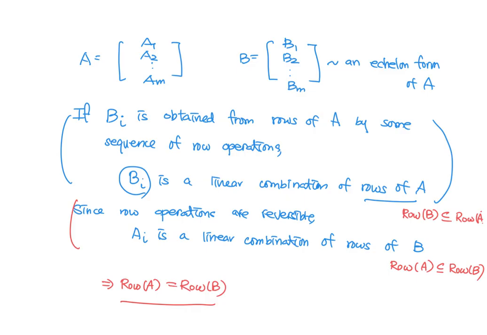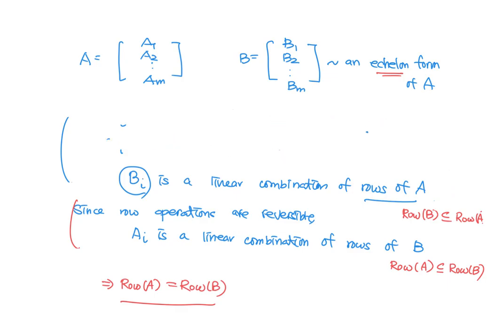And by definition of an echelon form, each row has a pivot position. And those non-zero rows will be linearly independent. So I just claimed that the row space of A and the row space of B will be the same when B is obtained from A by performing row operations.